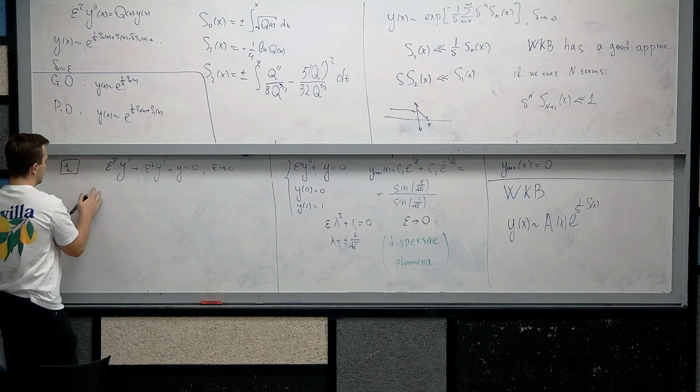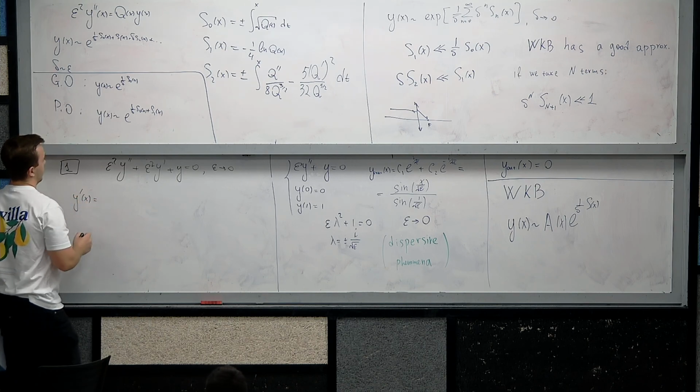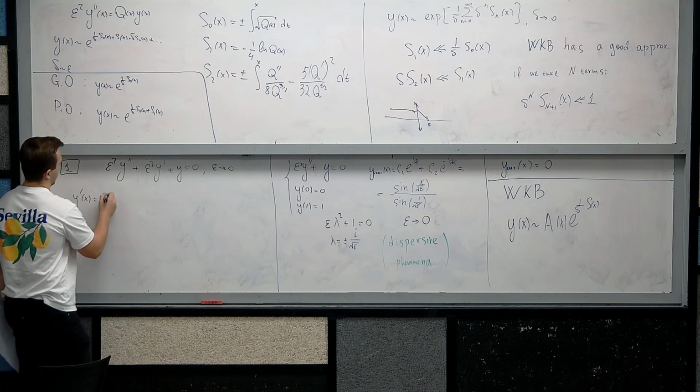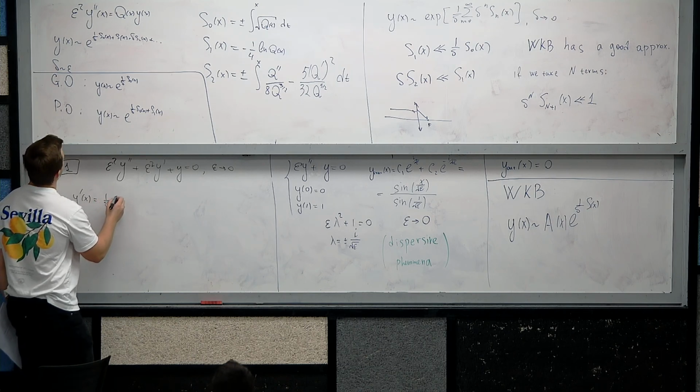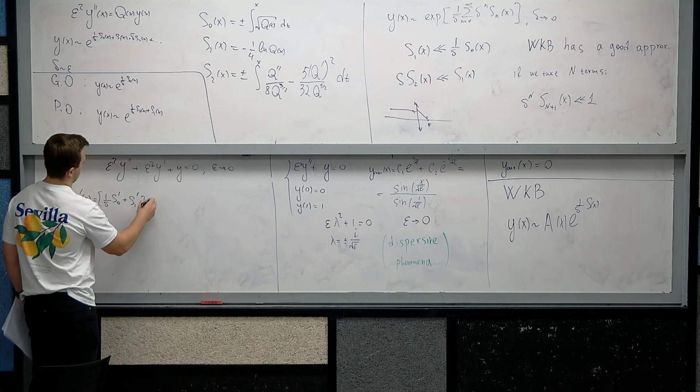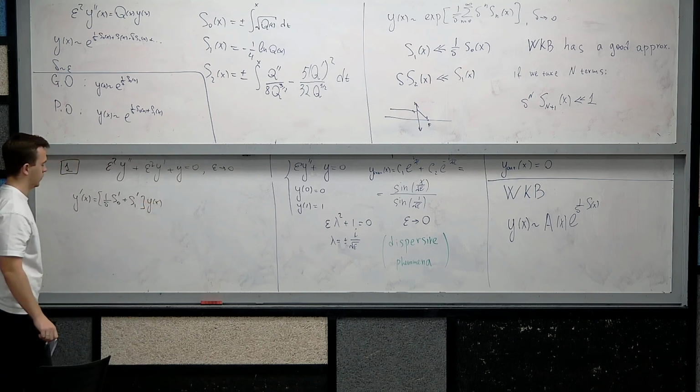So for y prime, what do we have? We have 1 over delta times S naught prime plus S1 prime times y of x.